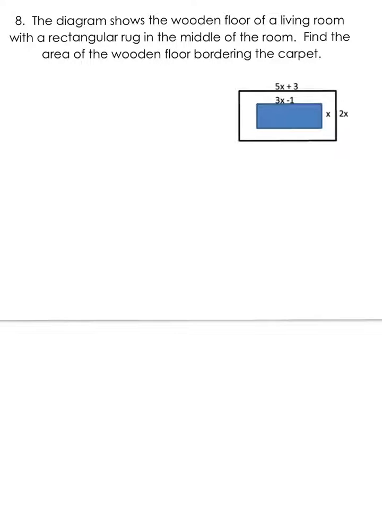So I'm going to start by figuring out length times width of my outer diagram, the wooden floor. I'm going to take length, 5x plus 3, multiply it by width, 2x. But now I only want that wooden floor, so I'm going to subtract that rectangular rug that's inside that.